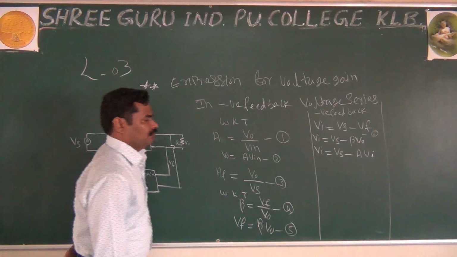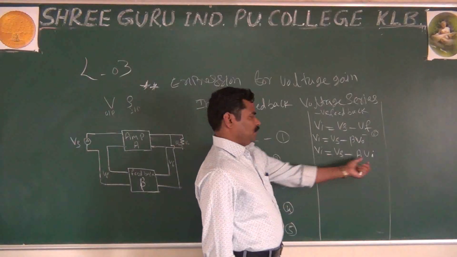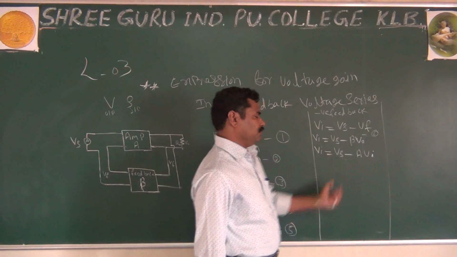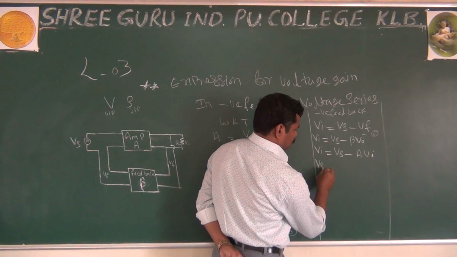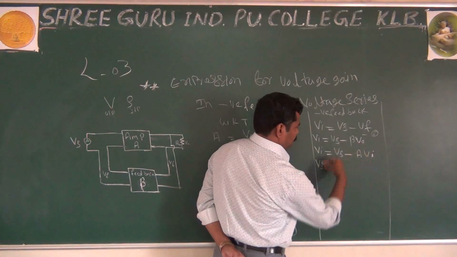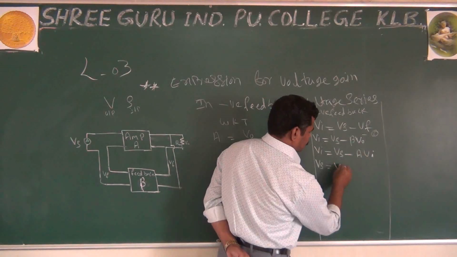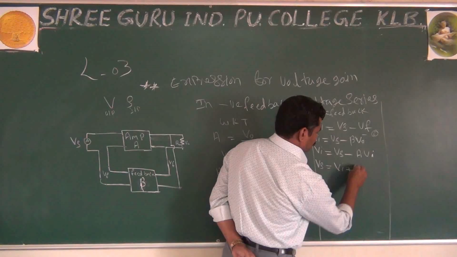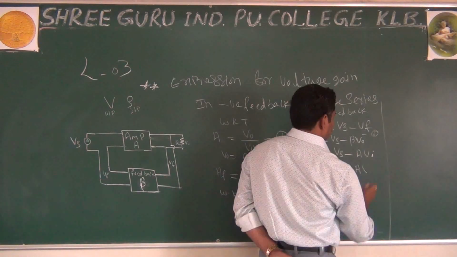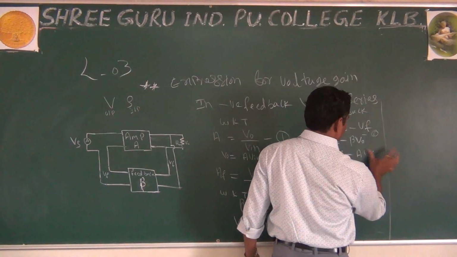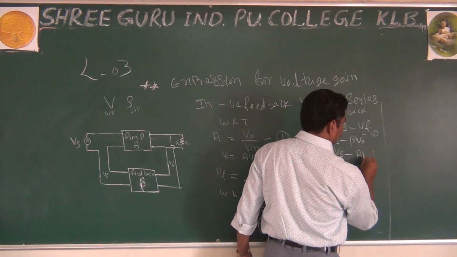Then you take the same terms on one side. That becomes Vs equal to Vi plus A beta into Vi.